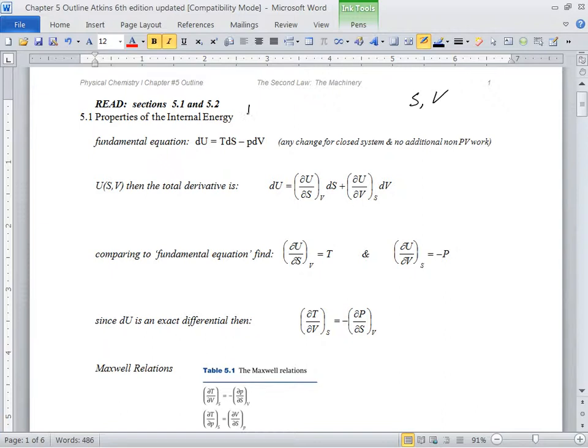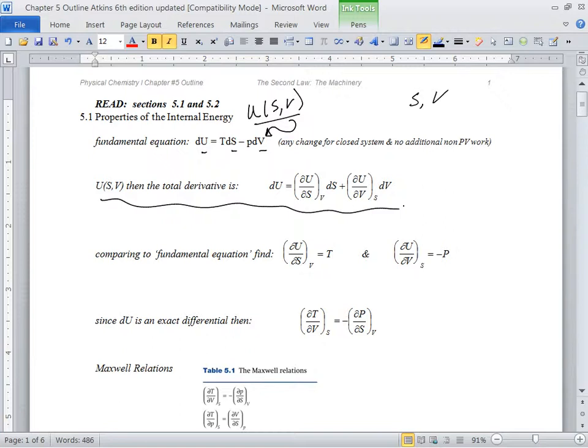They're starting with internal energy as a function of entropy and volume, and then they get their total derivative expression, right? So internal energy is a function of entropy and volume. And then we really can play this game. I call it a game because I don't know what else you'd call it.